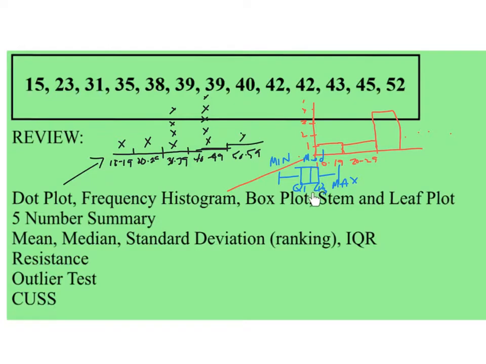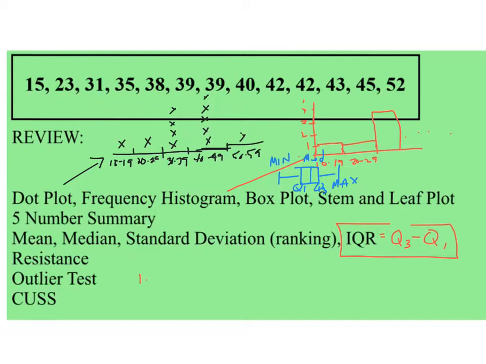But a modified box plot requires us first to know the interquartile range. Let me just remind you, the interquartile range is simply the value of Q3 minus the value of Q1. Once you have that, you multiply it by 1.5.